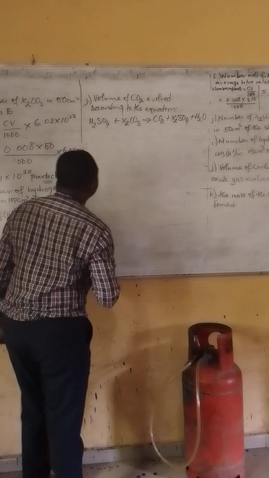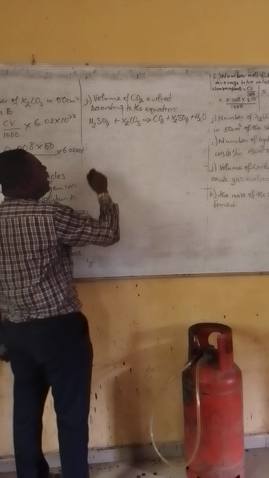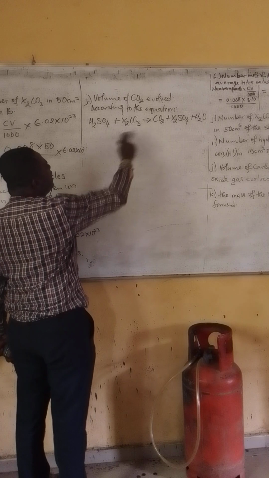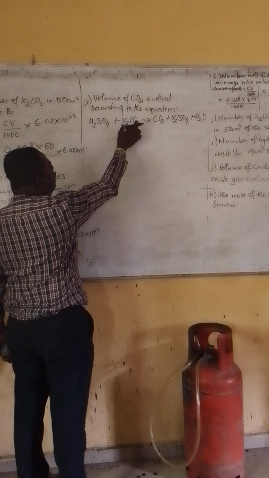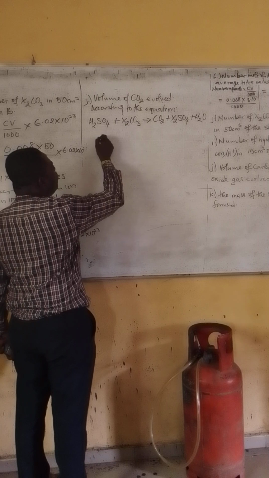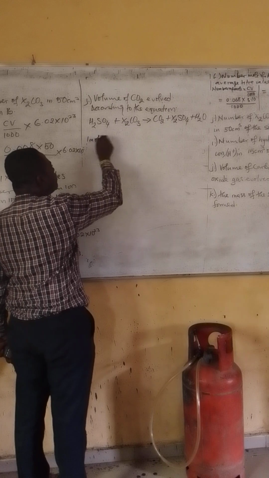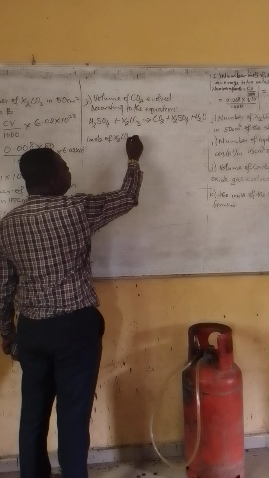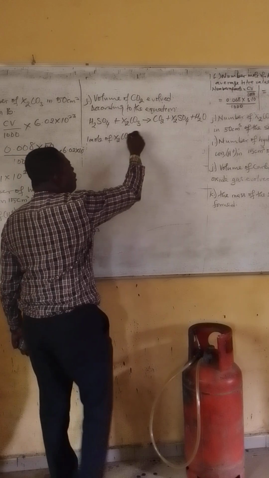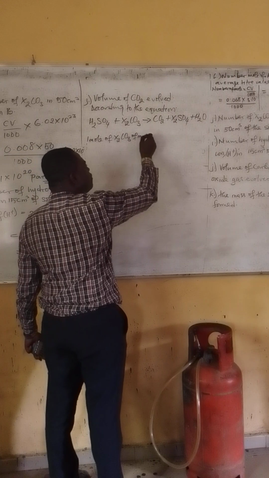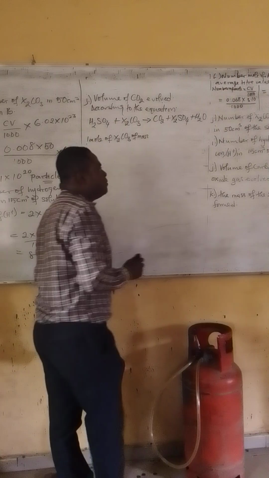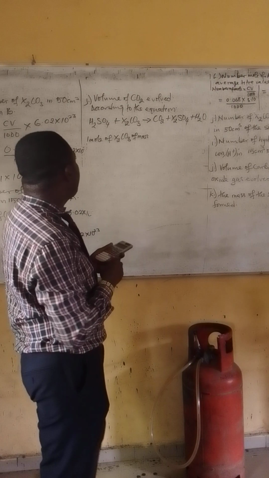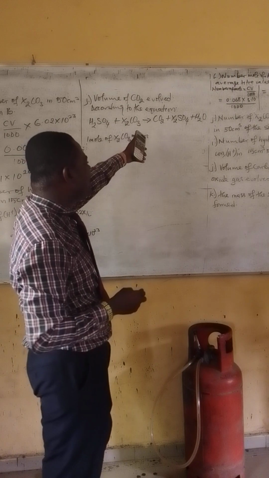From this place, we are aware that now we already know the gram of this. 1 mole of X2CO3 contains what mass? That is the mass concentration, concentration of X2CO3 in gram per dm cube.